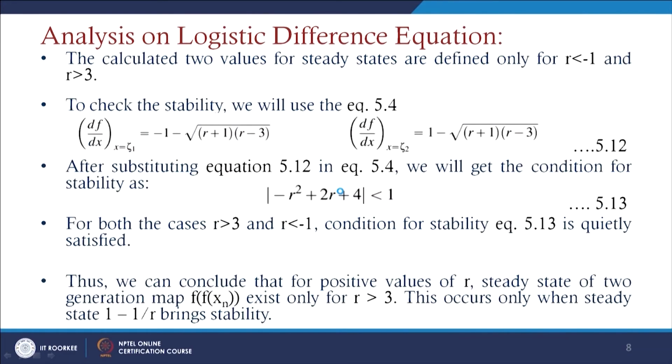and if we go for the further calculated values of the steady states, which is defined for r less than minus 1 and r greater than 3 here to check the stability.